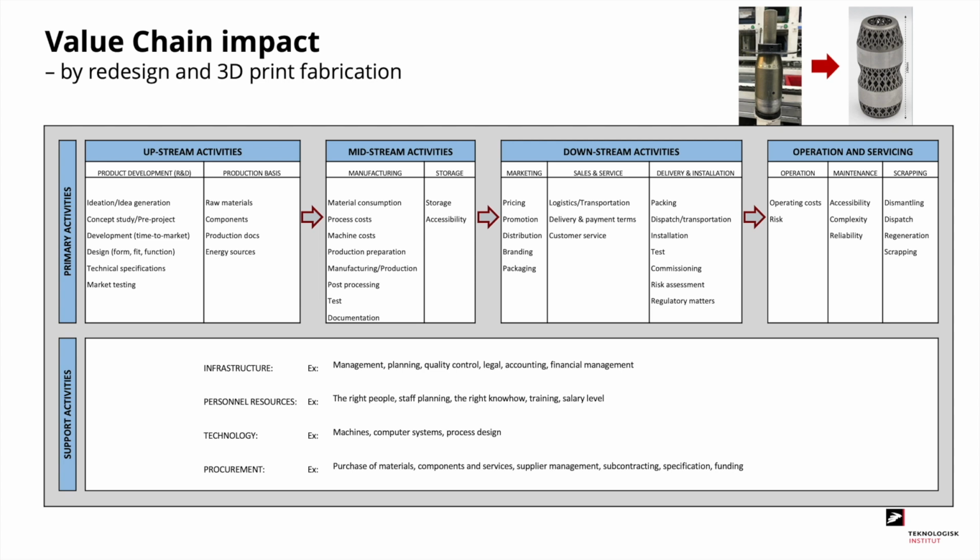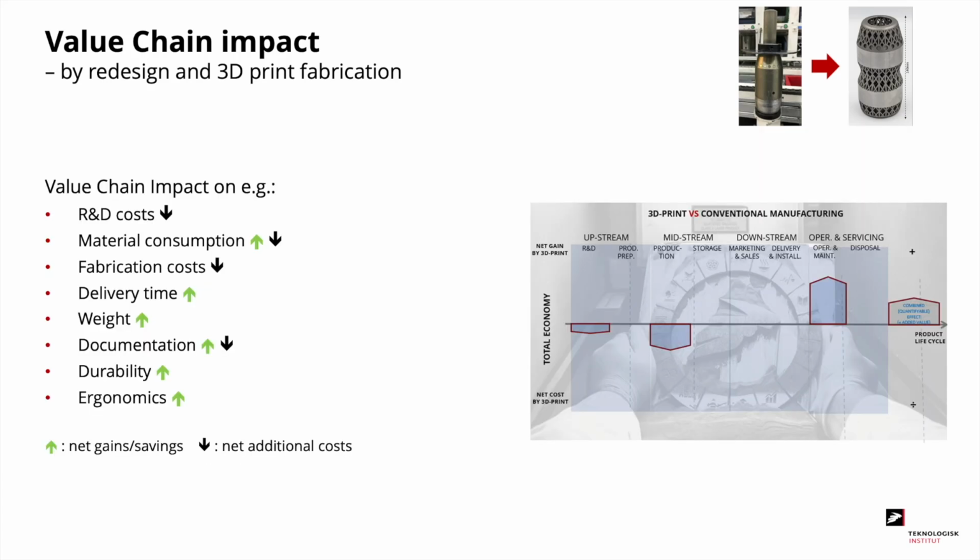If we look at our checklist and try to identify where we impact using 3D print in this case, we will get the following picture. The black arrows indicate where we have extra cost using 3D print. That's for the R&D cost, the fabrication costs, and maybe the material consumption and the documentation.